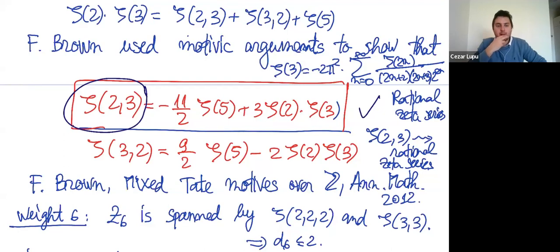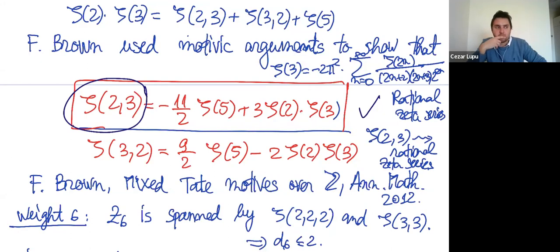Like not proven analytically, and there are plenty of them for which we don't even know a formula. For example, what if I go in weight 6, zeta of 2, 4, zeta of 4, 2? I mean, they can be expressed in some ways, but for a much more general formula, for example, zeta of 2, 2, 2, 4 in weight 6, if we go to the more general Zagier formula, that's not known at this point.